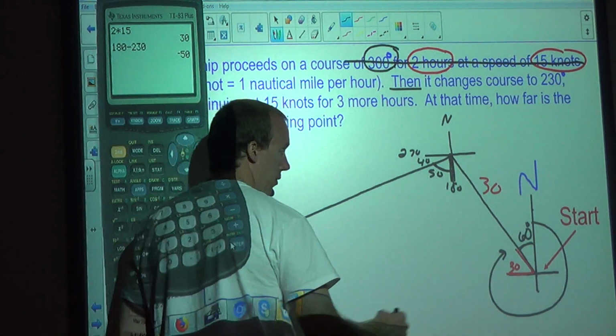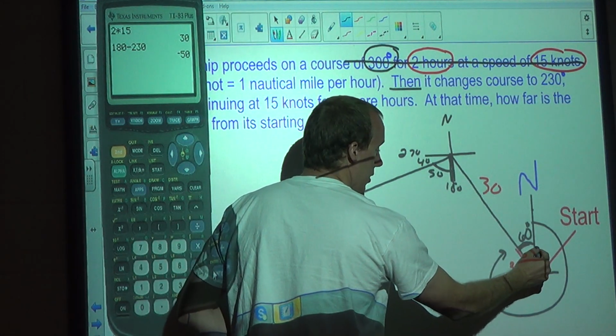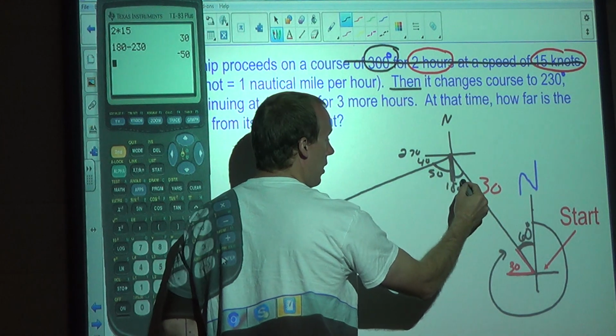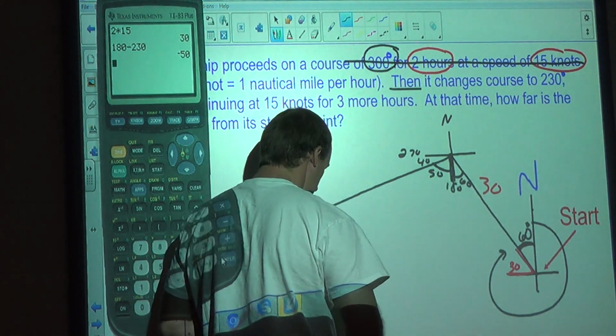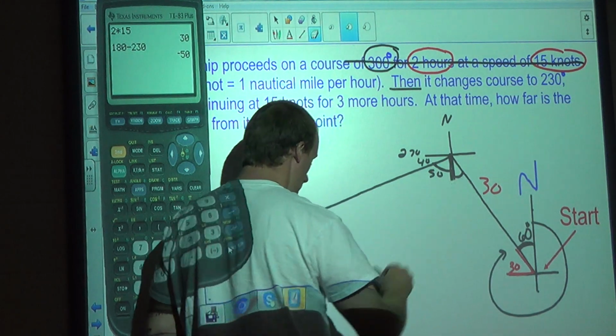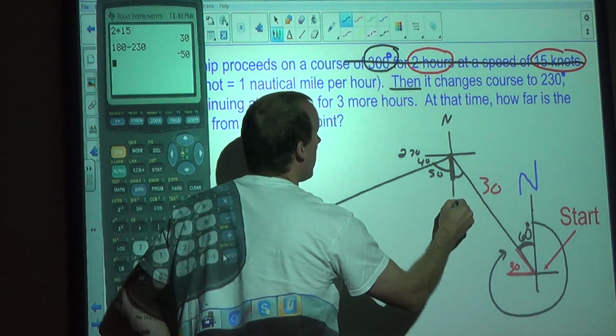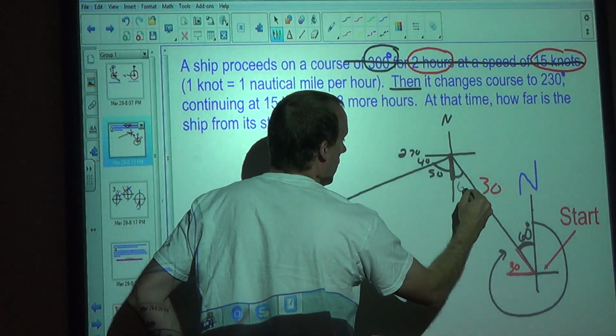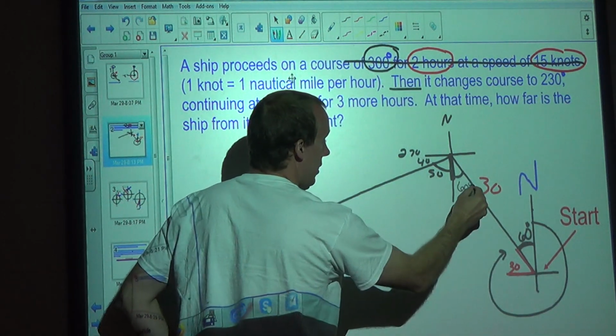The other thing I can label from the last problem is, if this was 60 degrees, alternate interior angles tell me that this angle is also 60 degrees. So that angle there is also 60 degrees.